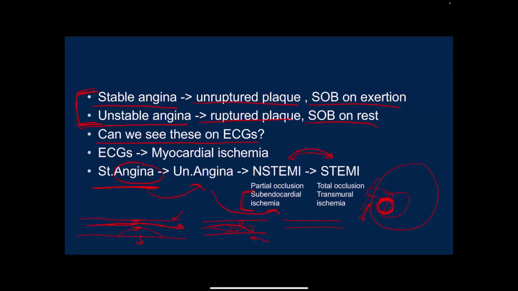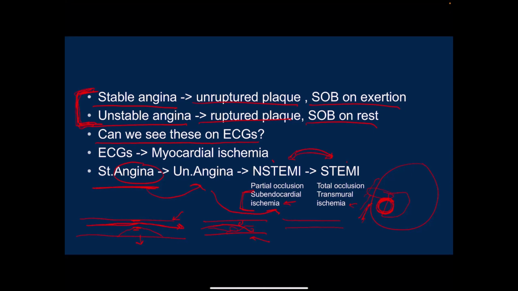Why? Because the only thing that translates onto an ECG paper is if you start to have damage to the actual heart muscle. In angina, even if it's stable or unstable, the heart muscle is still not affected. You only start seeing ischemia in the heart muscle when you get to NSTEMI. Okay?